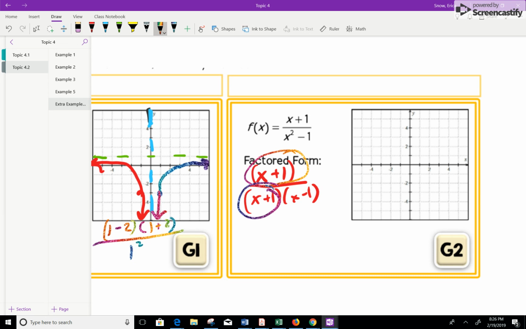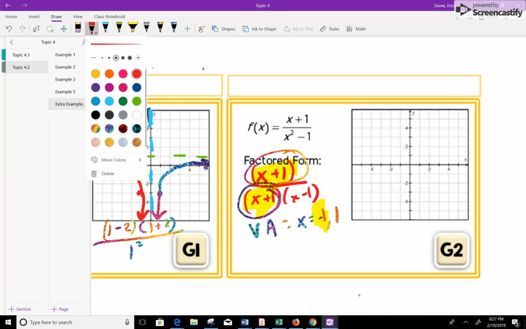So when we are looking at our vertical asymptotes and we get x equals negative 1 and positive 1, this one here, because it cancels in the top, those can cancel because they're exactly the same. So that means that this is not a vertical asymptote. It is actually a hole.